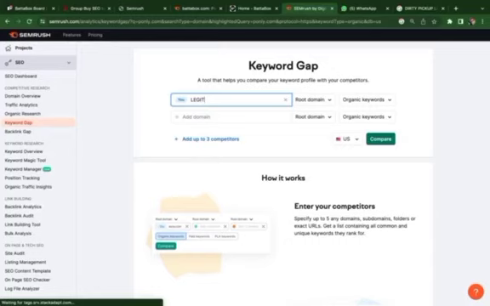Now, the importance of a keyword gap analysis is that it helps you uncover keyword opportunities that you are missing out on. It helps you optimize content with additional keywords. It also helps you to create new content ideas. It helps you to understand your audience's interests.